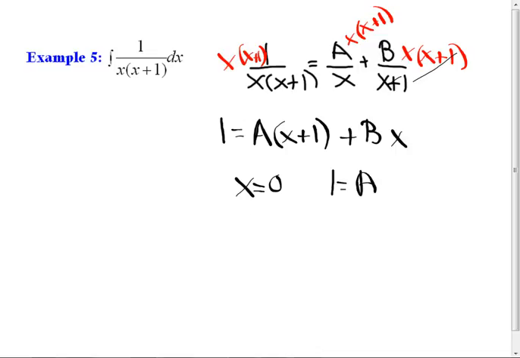And what's the other nice choice? -1. So 1 equals, well, the a is going to go away because of that -1 there. Negative b. So this is going to end up being this. So it's a over x. A was 1.